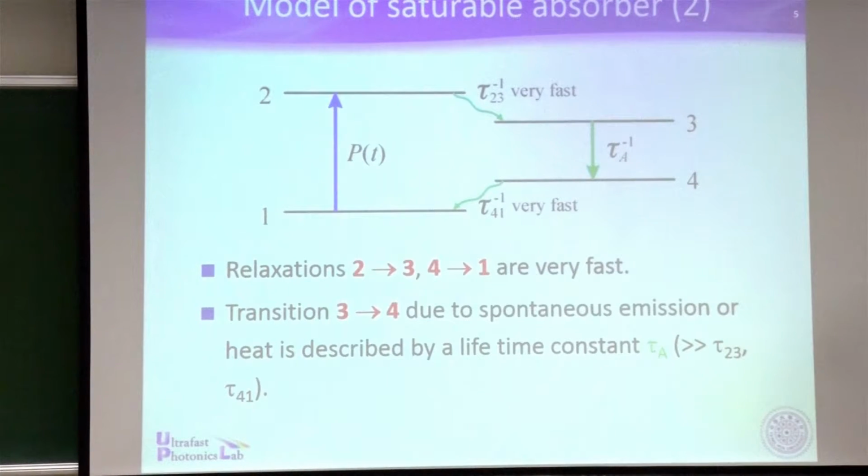So the relaxation here is not about stimulated emission. It could be about spontaneous emission or some heat process, and it's described by a lifetime constant tau sub A. Again, tau sub A is much longer than tau 23 and tau 41, because we have assumed the two relaxation processes are very fast compared with the natural relaxation between levels 3 and 4. We made the same assumption before when we talked about the gain medium.